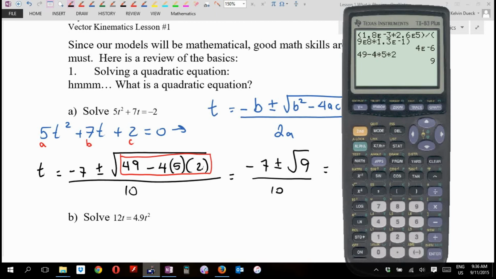Brackets. Is there more than one number on the bottom? Don't need brackets. But I can go bracket, negative 7 plus square root. Now on my calculator, when I open a square root, it automatically opens a bracket, so I have to close off the square root, close off the top, and I get 1 root of negative 0.4.